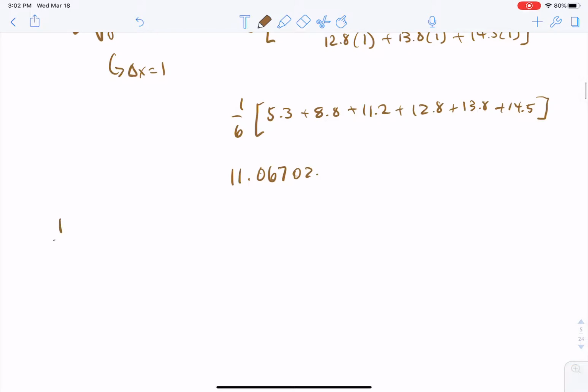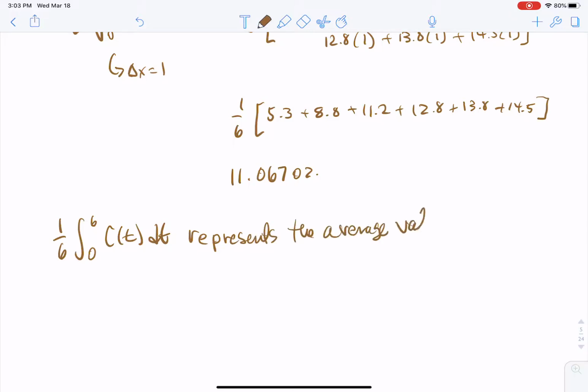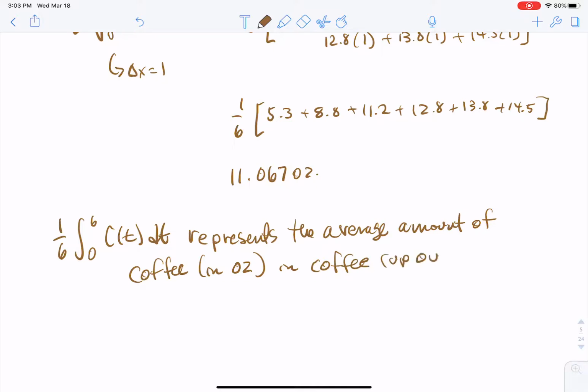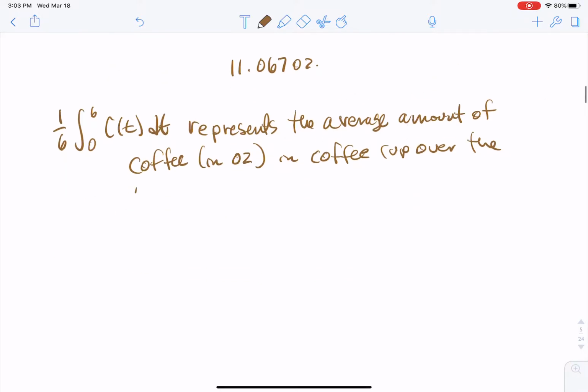So 1/6 definite integral from 0 to 6 of c of t dt represents the average value or the average amount of coffee, in ounces, in the coffee cup, over the time interval from 0 to 6.